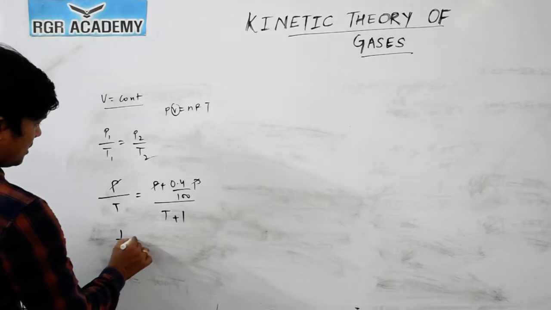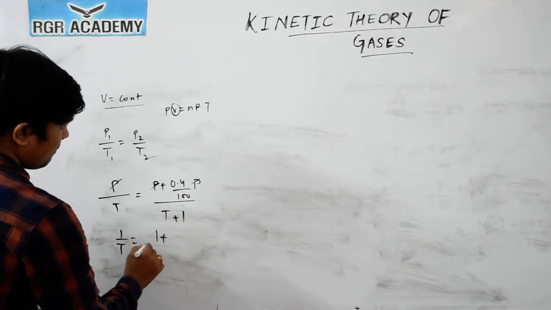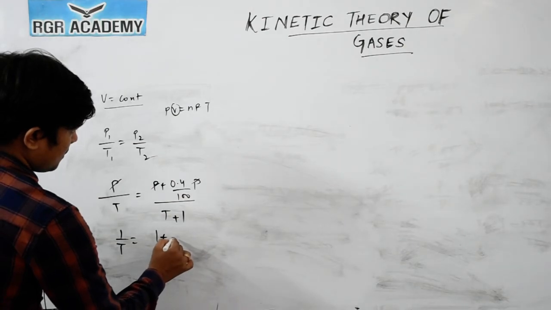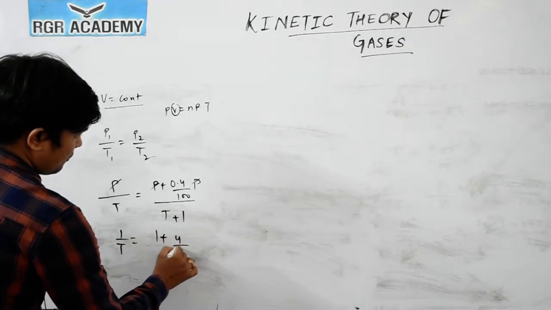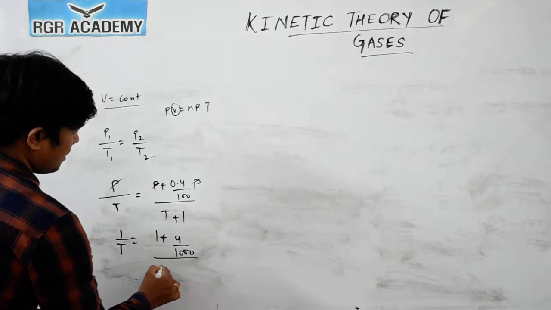So 1 by T is equal to 1 plus, this we can write as 4 by 1000, divided by T plus 1.